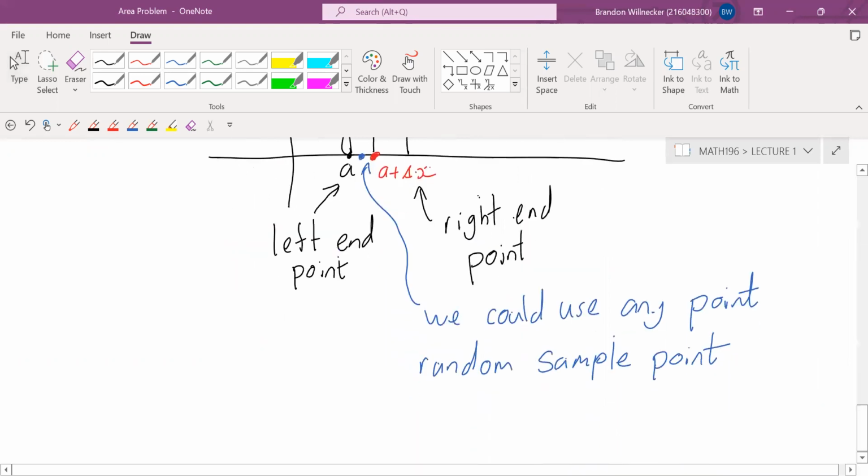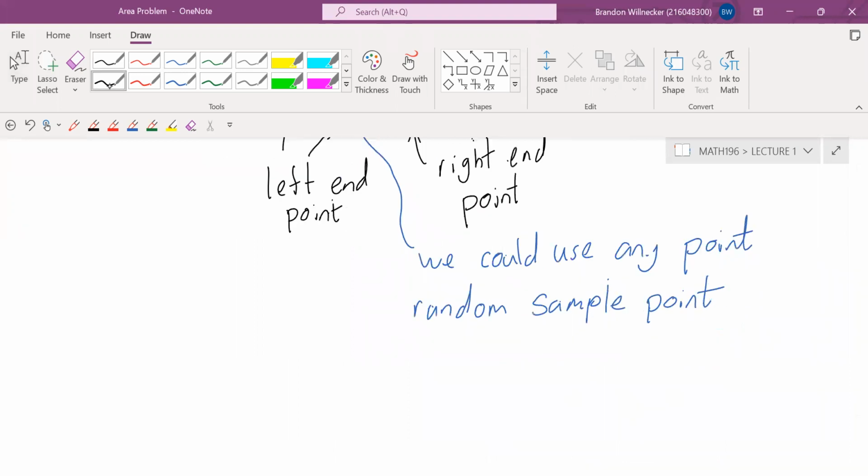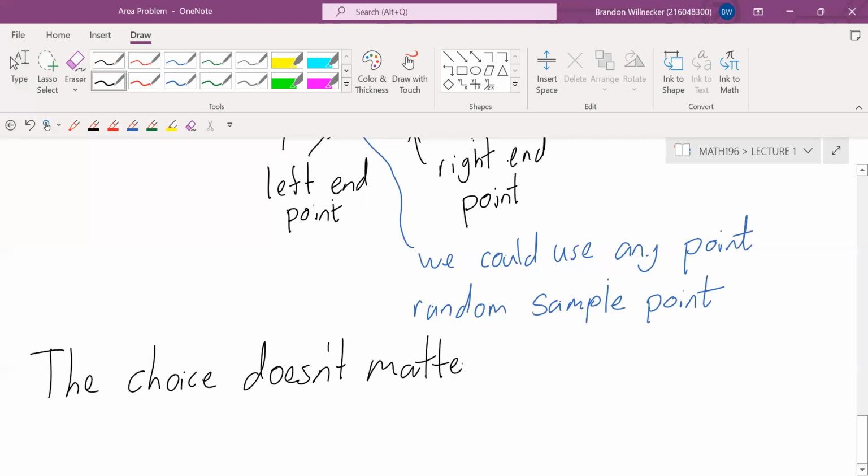However, the nice thing is the choice doesn't matter if we take n to infinity.